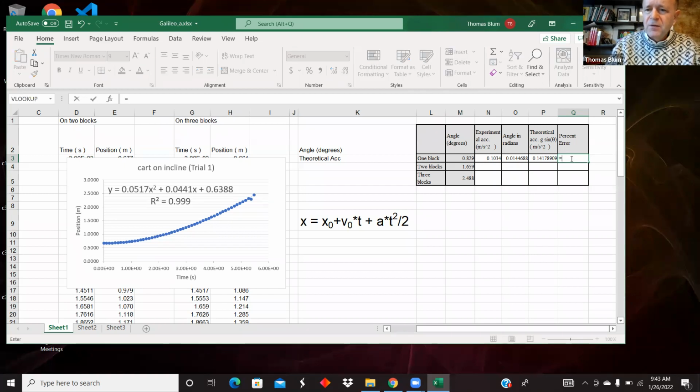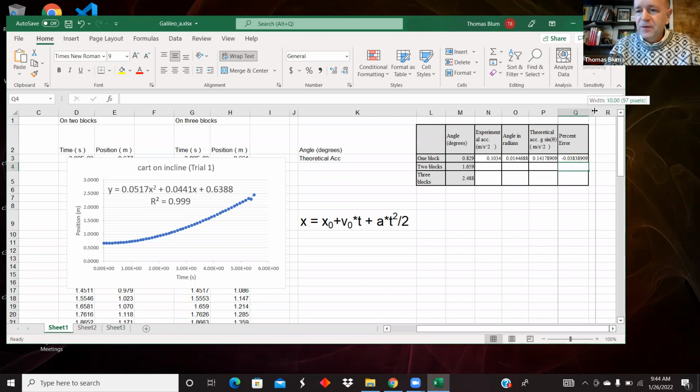Okay. Let me build up slowly. So first I want experiment minus theory. Okay. So that's not percent error yet. I'm building up. I want to divide that by the theory, but I want to divide all of that by the theory. So I need parentheses.